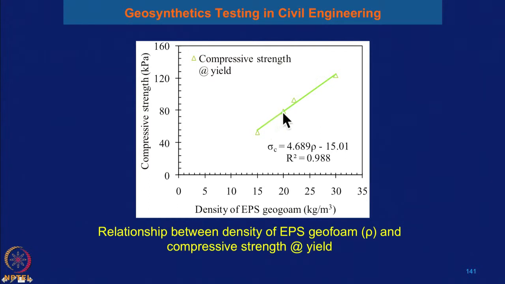You can draw a straight line here for the different densities. The compressive strength sigma c is equal to 4.689 rho minus 15.01, with R square 0.988. So, from this equation you can determine the compressive strength of the EPS geofoam material at yield directly if you know the density.